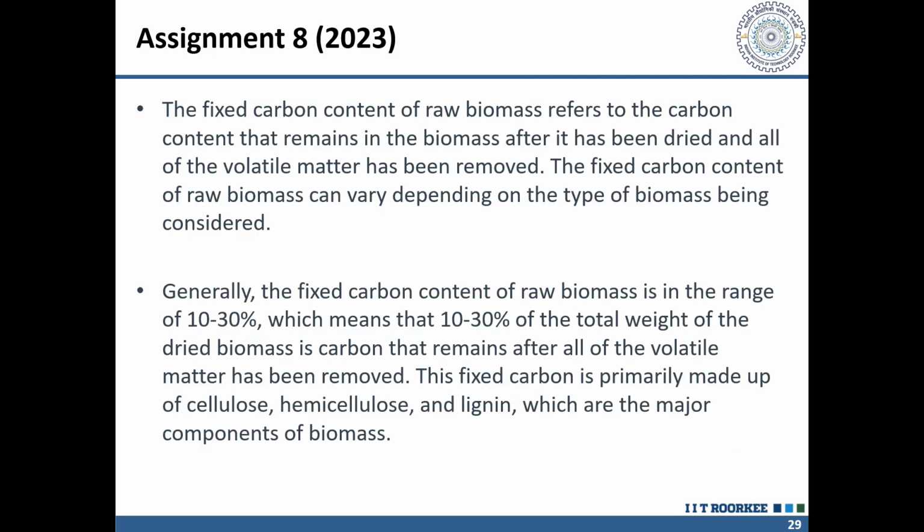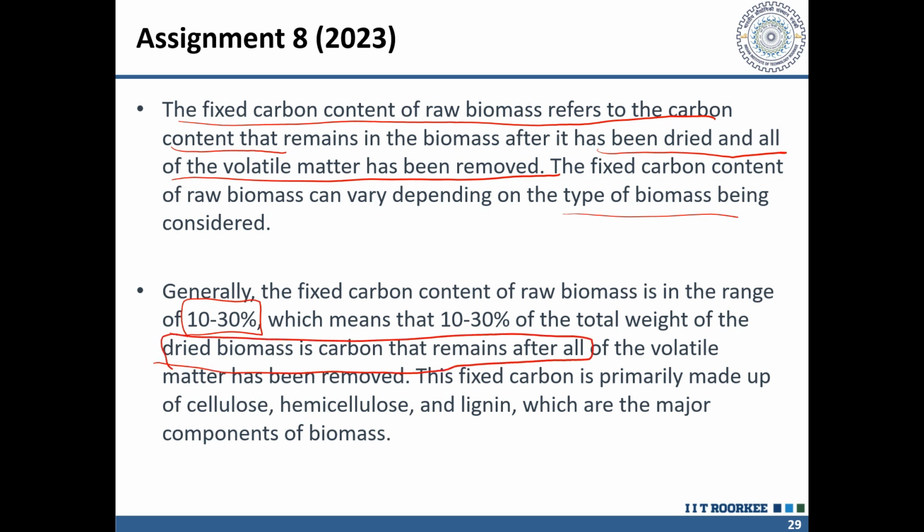So the fixed carbon content of a raw biomass refers to the carbon content that remains in the biomass after it has been dried and all the volatile matter has been removed. It can vary depending upon the type of biomass and where it has come from. Generally it is in the range of 10 to 30%, which means that 10 to 30% of the total weight of dried biomass is fixed carbon, and the rest of the carbon might be in the volatiles, which have been removed.